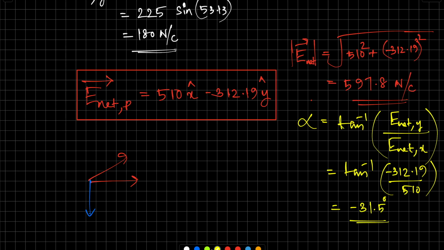That means our net electric field vector is 31.5 degrees below the positive x-axis.